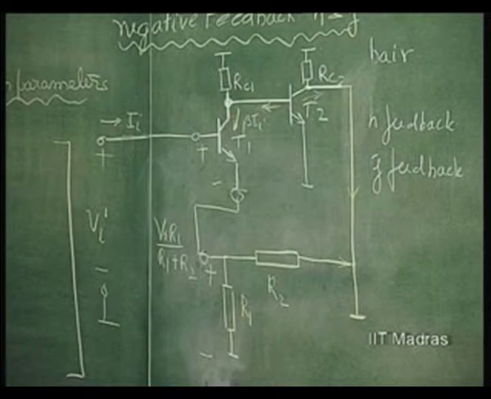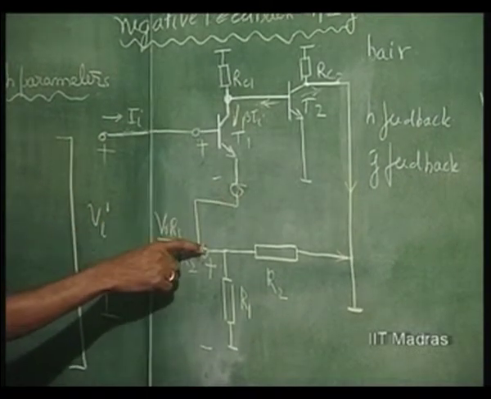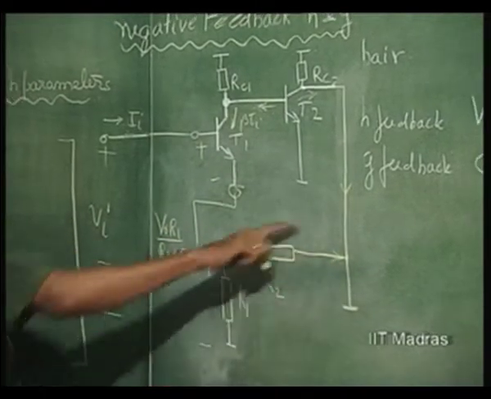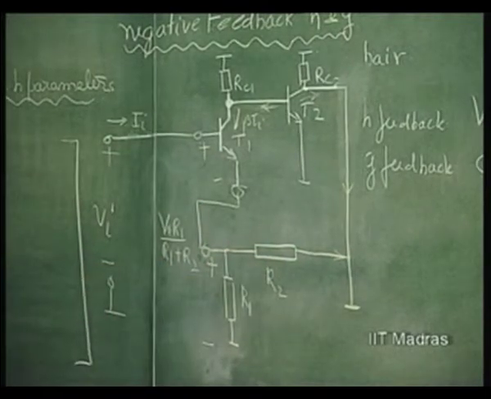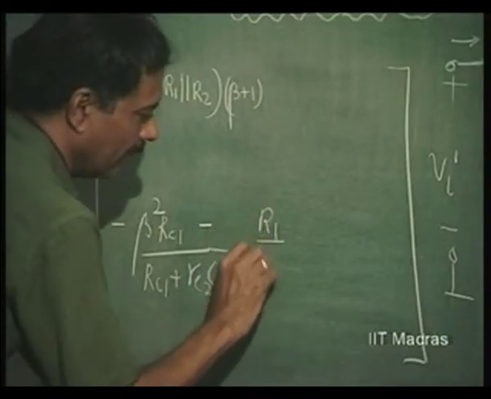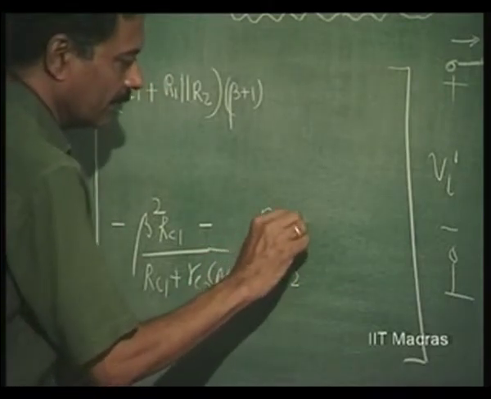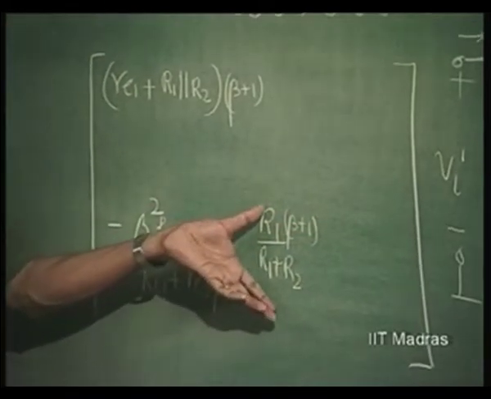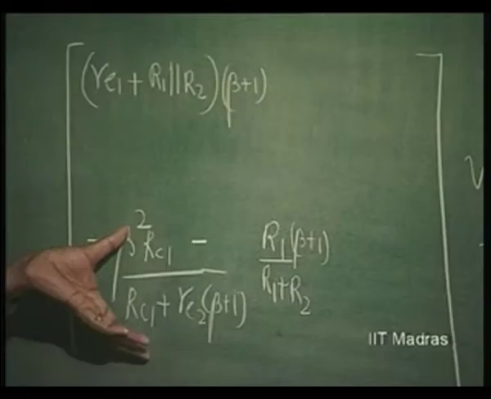Now, look at this current here. If I is here, the current in this is beta plus 1 times I, out of which a portion of the current gets added to this. So the direction is in the same manner. So minus R1 by R1 plus R2 times beta plus 1 times I. This contribution is due to the feedback network, this contribution is due to the amplifier.